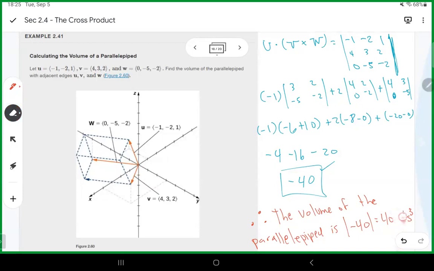We'll try to make that neater. Okay. All right. You're okay. Good to go.